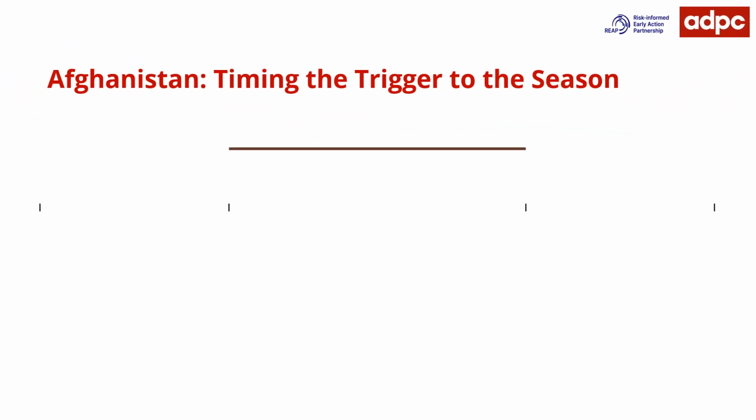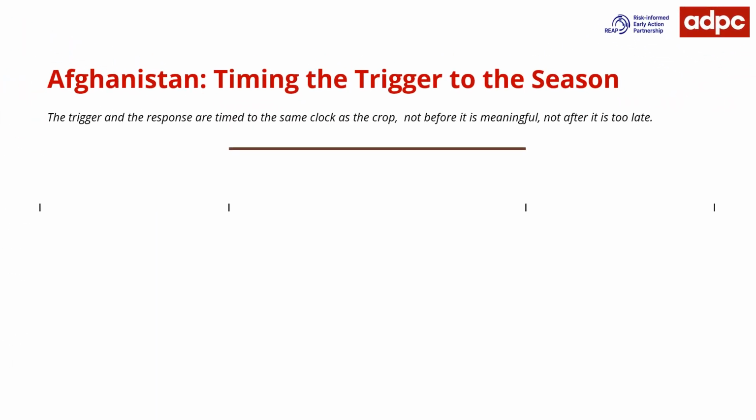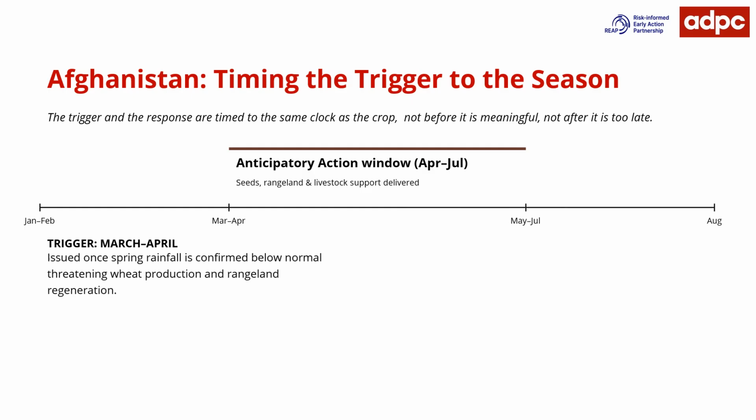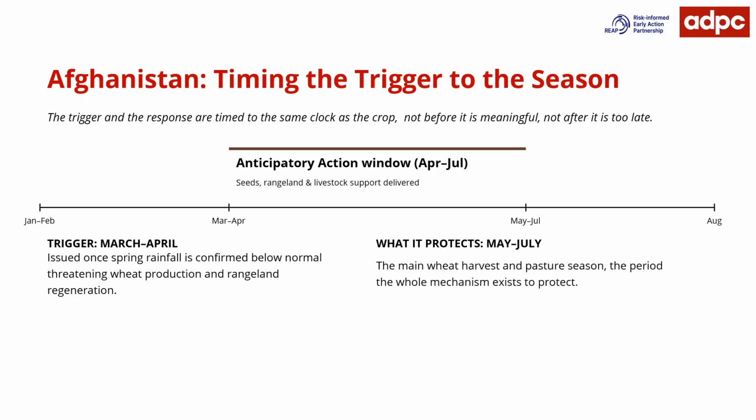Let's look at Afghanistan in detail. The trigger and the response are timed to the same clock as the crop, not before it is meaningful, not after it is too late. The trigger is issued in March to April, once spring rainfall is confirmed below normal, threatening wheat production and rangeland regeneration. What it protects is May to July, the main wheat harvest and pasture season, the period the whole mechanism exists to protect.